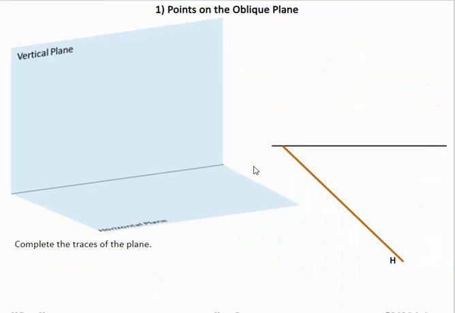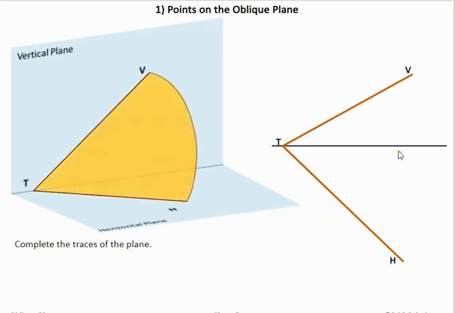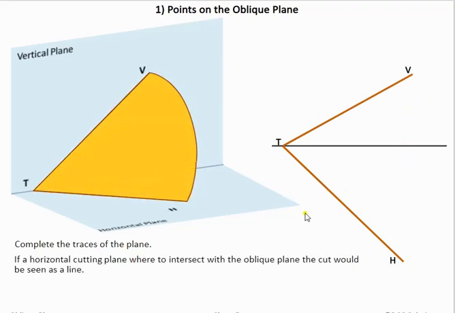Now looking at points and lines on oblique planes. In this case we have the horizontal trace and we have the vertical trace. What we're going to establish is when we're given a view, say a point in plan, how do you find an elevation using our traces?